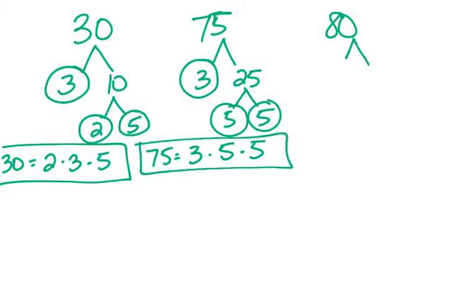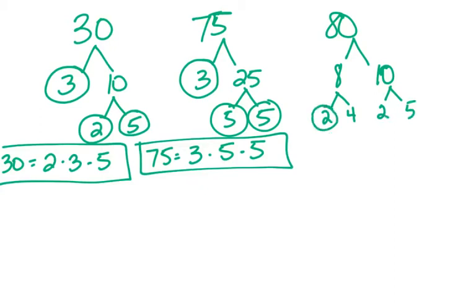We'll break it down into 8 times 10 to start with. I could have started with 40 times 2, but again, it doesn't matter where you start. If you keep going down until you hit prime factors, you're going to get the same result. So the 8 can break down into 2 times 4. The 10 can break down into 2 times 5.